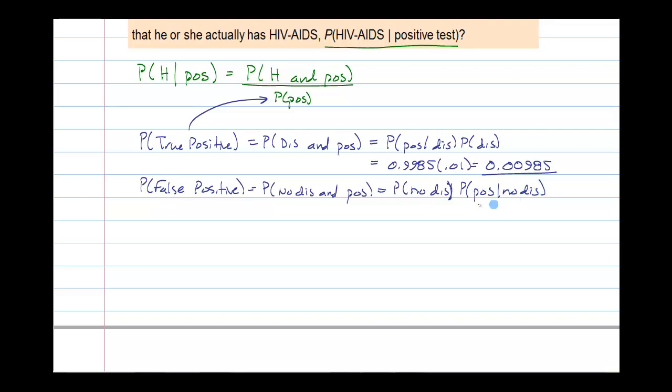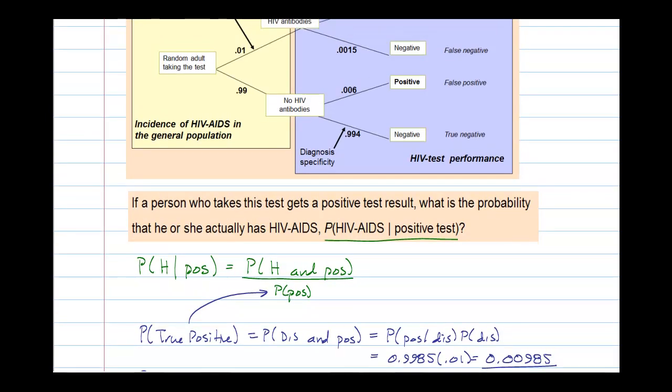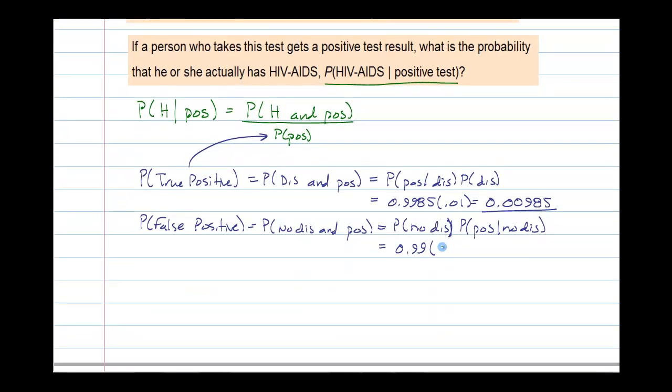So I have my joint and my condition here. If I multiply these together, the probability of no disease is 0.99. The probability of positive given no disease we know from up above on our table, and positive given no disease is 0.006. So I'm just multiplying that branch together.